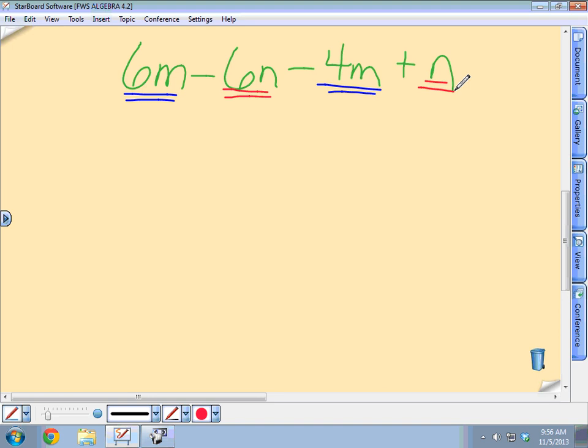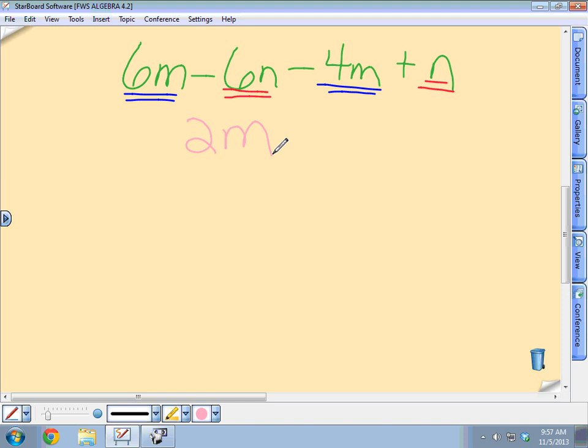And then it says after you underline those, simplify the polynomials. Dan, let's simplify. So the blue go together, the red go together. So how am I going to simplify the first one? Do 6m minus 4m. Which is 2m. Then what?